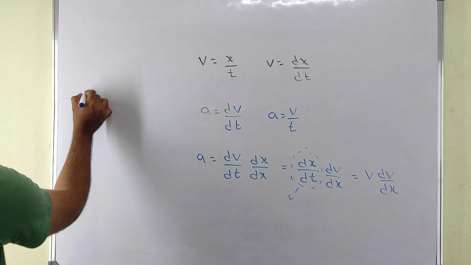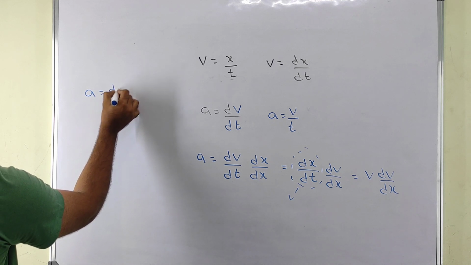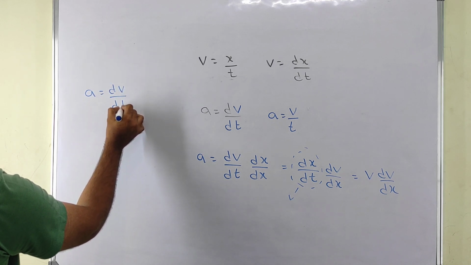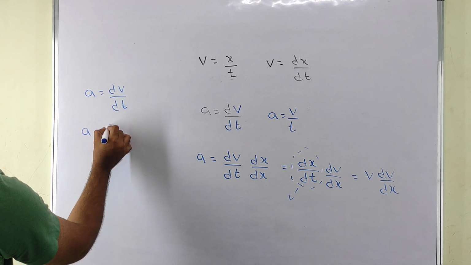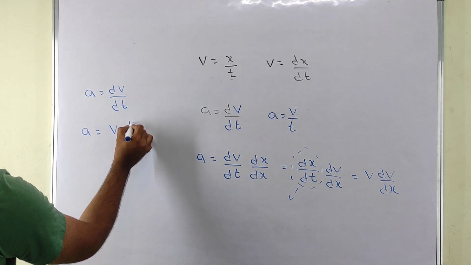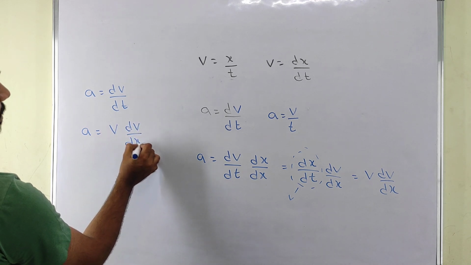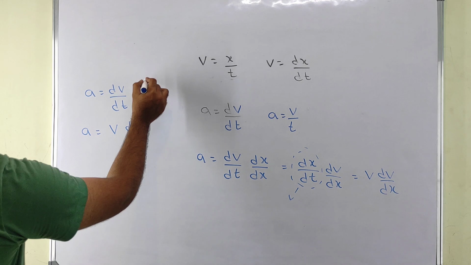First, acceleration is equal to dou v by dou t. Or else acceleration is equal to velocity into dou v by dou x. Most important thing.